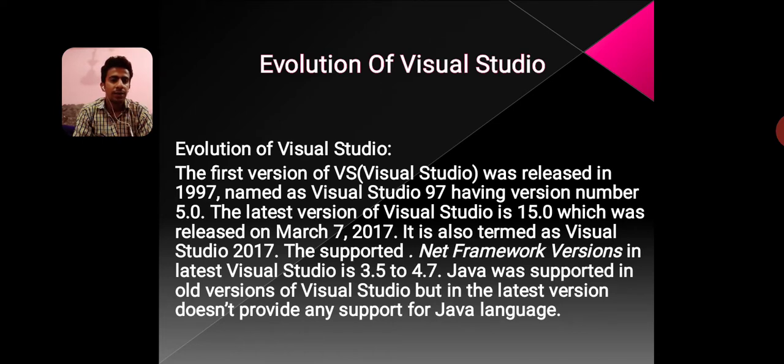It is also termed as Visual Studio 2017. The supported .NET Framework version in the latest Visual Studio is 3.5 to 4.7. Java was supported in old versions of Visual Studio, but the latest version does not provide any support for Java language.